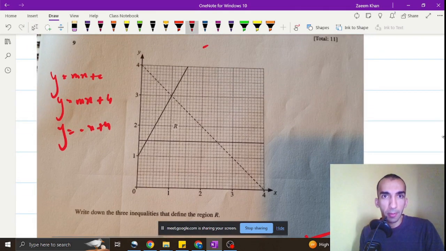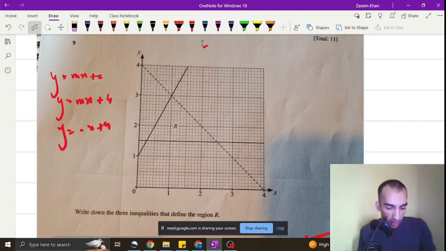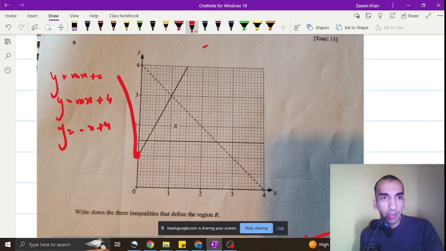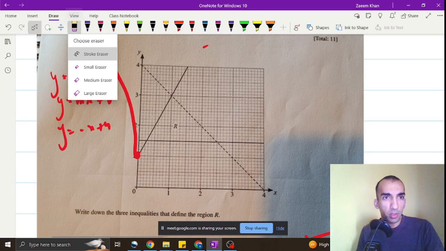I wasn't too sure about that one, but no problem. You figured this part out correctly, that the y-intercept is 1. So that's correct. This is going to be 1. Now, how did you find the value of m? What's the process for finding the value of m?